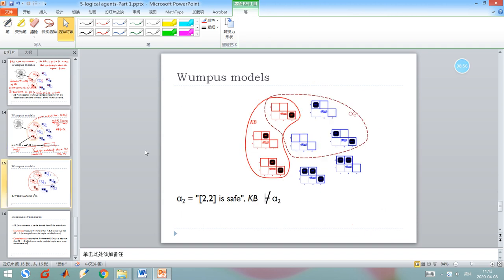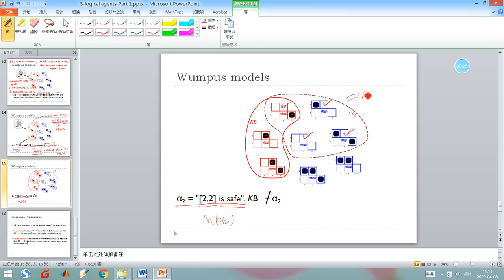Now if we use alpha 2 to denote that square 2,2 is safe, which are the models of alpha 2? We can find that in only these 4 states, square 2,2 is safe.